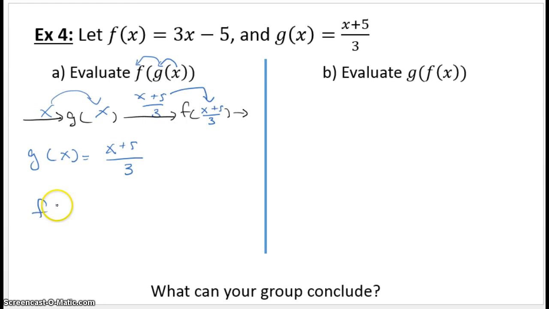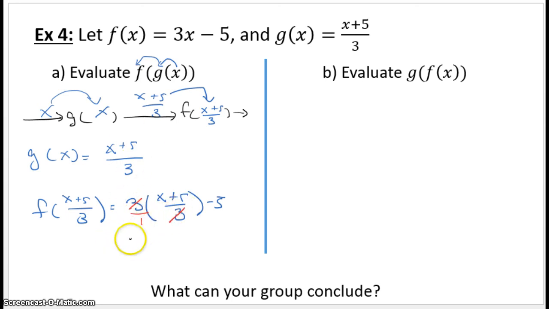So we have f of x plus 5 divided by 3. Anywhere I see an x, I'm going to have that equal to 3 times x plus 5 over 3, minus 5. I'm going to go ahead and start evaluating. I can write this as a fraction, and if I have a 3 in the numerator and a 3 in the denominator, they cross out.